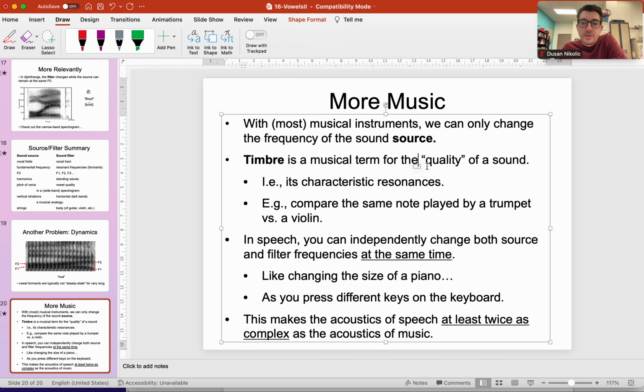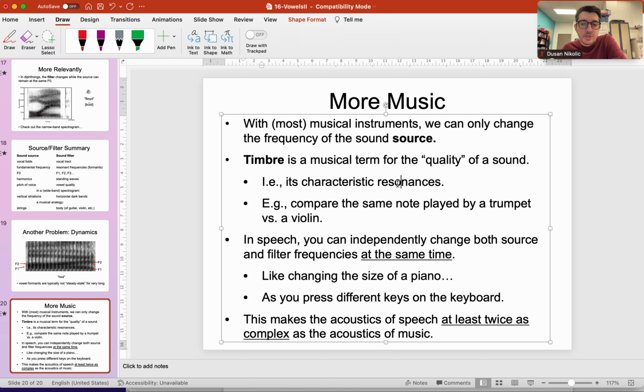Timbre is a musical term for quality of a sound, right? We always have this voice quality that is characteristic of us, and that's because of our vocal tract shape and our vocal folds shape, right? Our vocal folds duration, length. Timbre is a musical term for the quality of a sound.